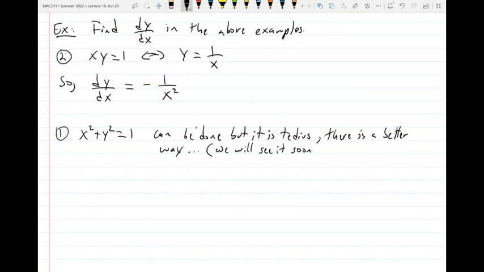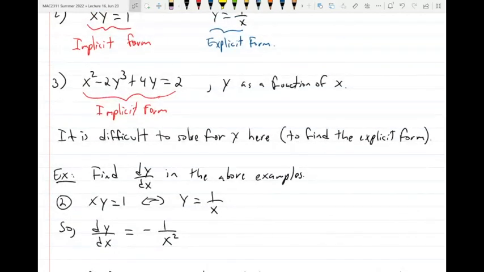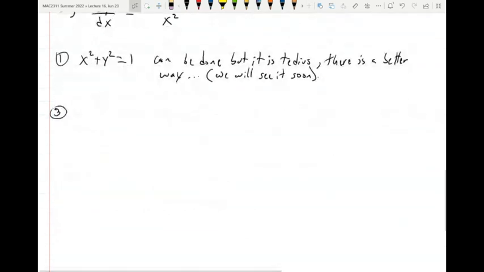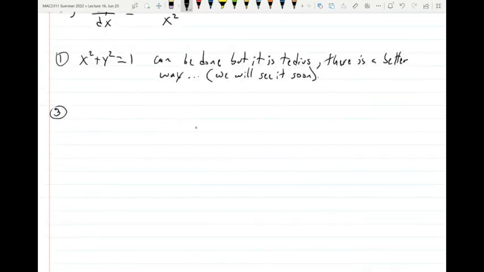So let's wait. The whole point is that when we come to number 3, we are stuck. We cannot even get away by solving for y. So that's why we need to discuss a new technique. Number 3 cannot be done as above.